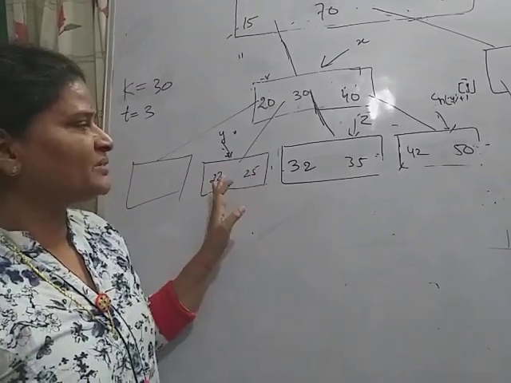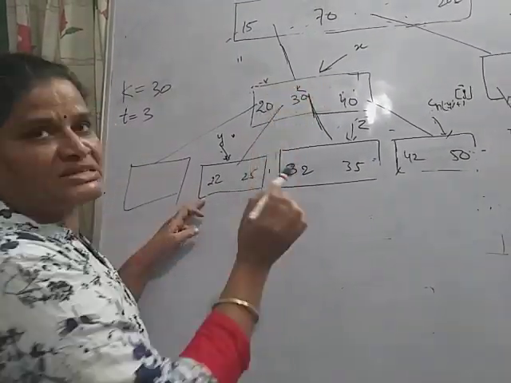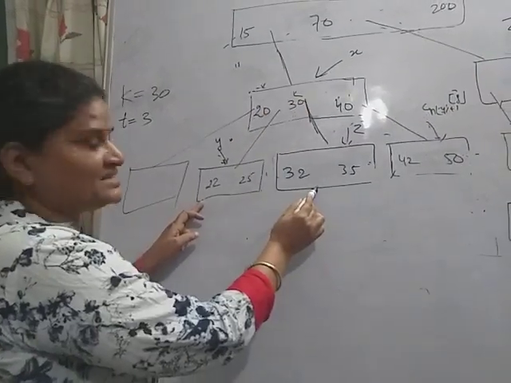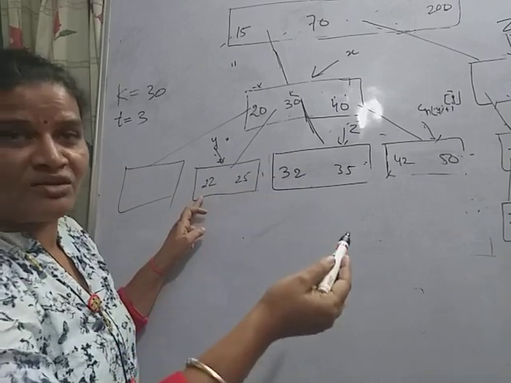So here simply the merging of K, which is to be deleted, and Z is to be merged into Y, as I did in the case of insertion.